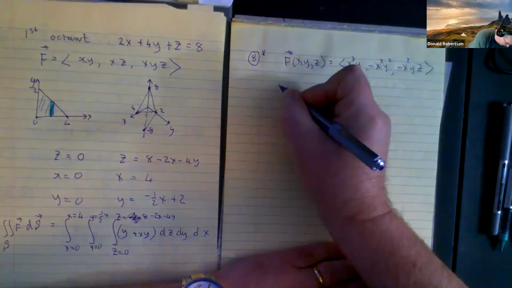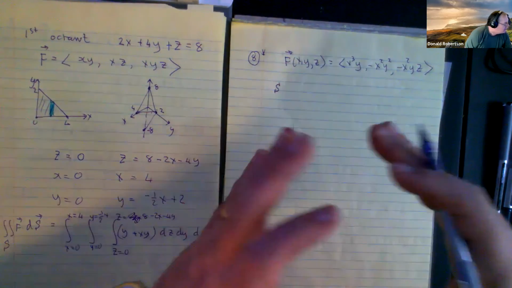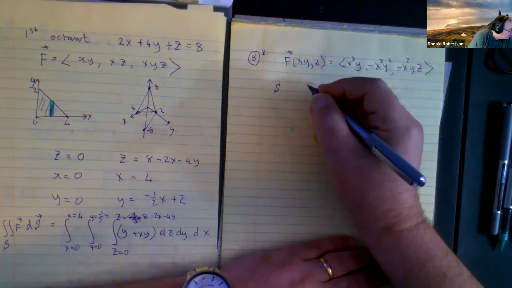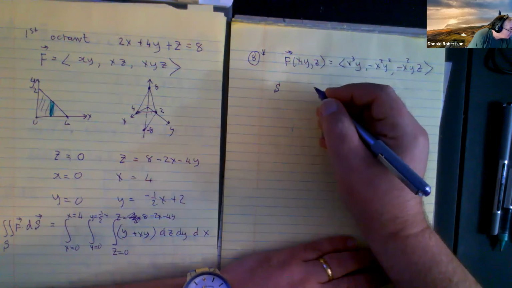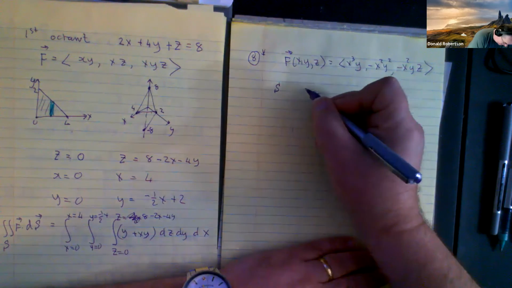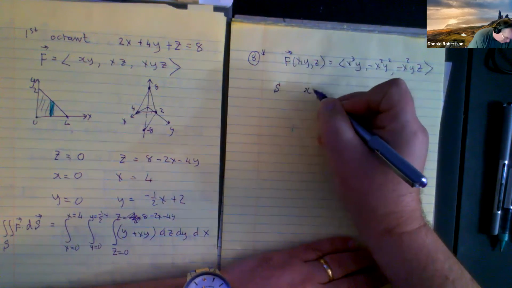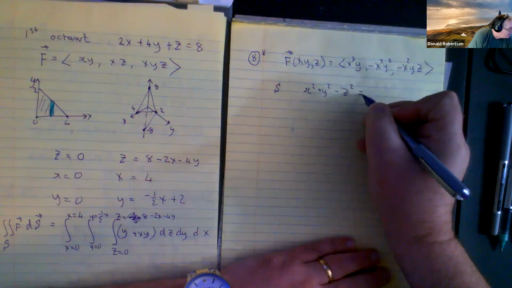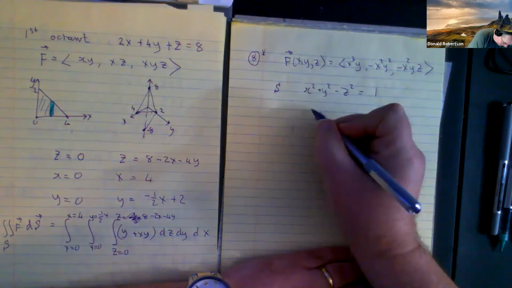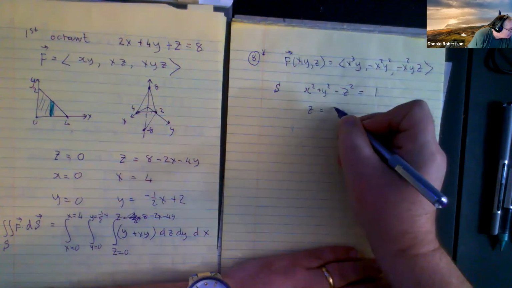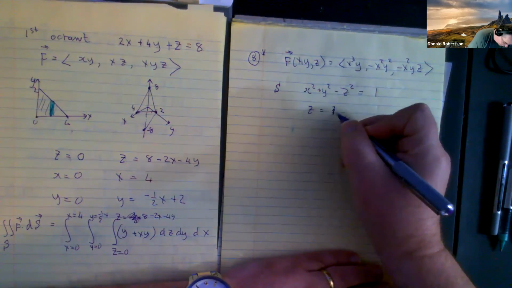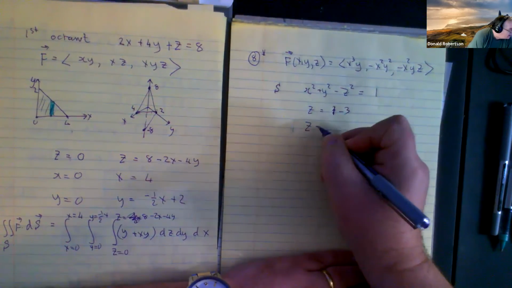And the surface that's going to generate my solid is bounded by a hyperboloid, and it has the equation that guy equals 1, and it's being cut by z equals -3 and z equals 3.